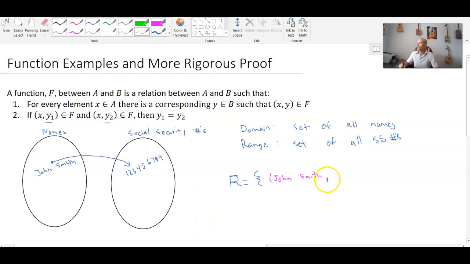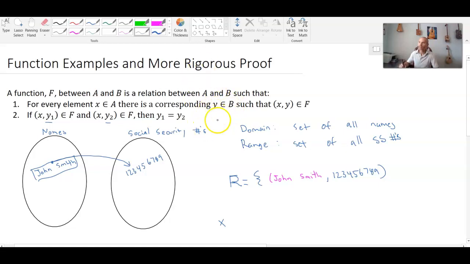Now we have to ask ourselves, is that social security number unique to the name John Smith? Well, there's probably a lot of people out there named John Smith. And if not John Smith, then some other name like Max Powers. Probably lots of people with the same name in general. So for that particular x, I cannot say that when I look up the name John Smith I'm only going to get one social security number back.